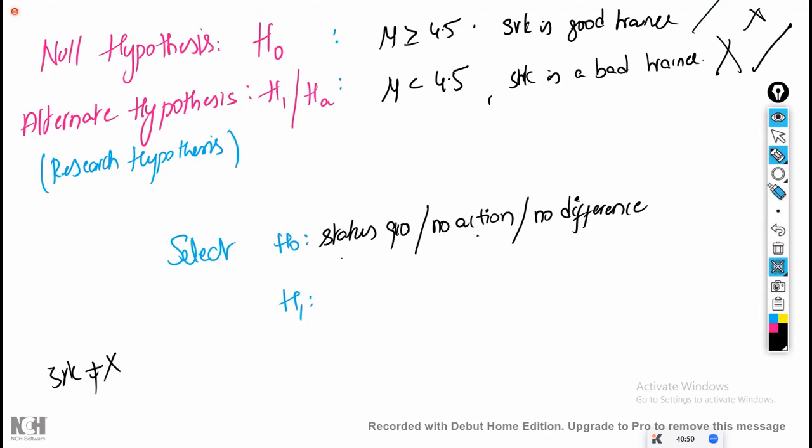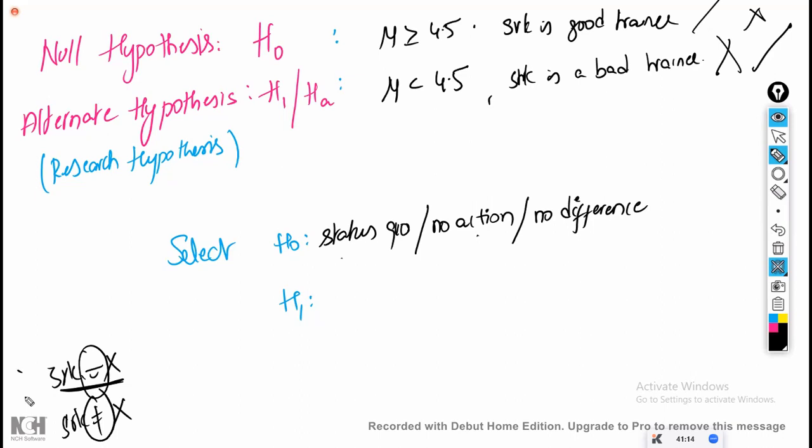Both are the same. Alternate hypothesis says that both are not the same. So if you are comparing between two persons, we use the equal to symbol and the not equal to symbol.